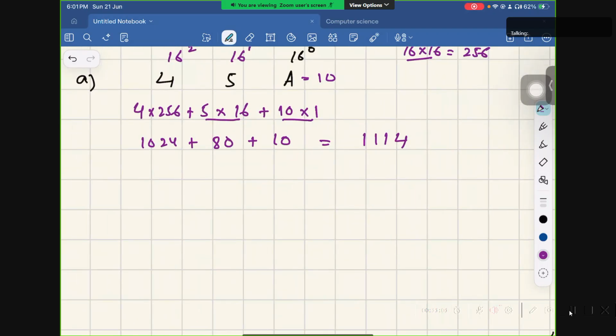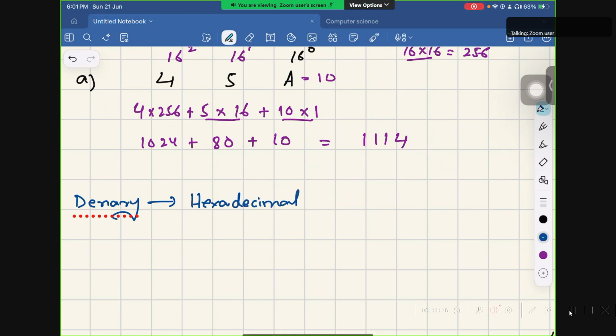Now we are going to convert from denary to hexadecimal. How can we do that?